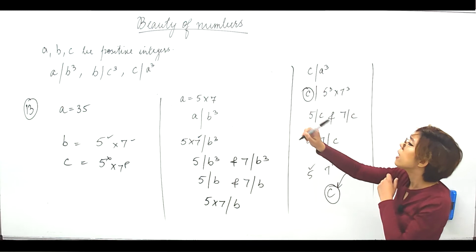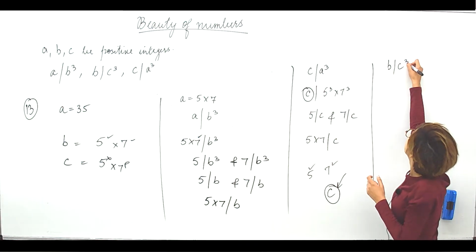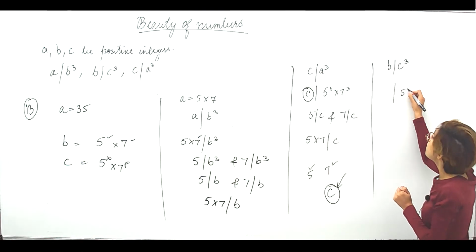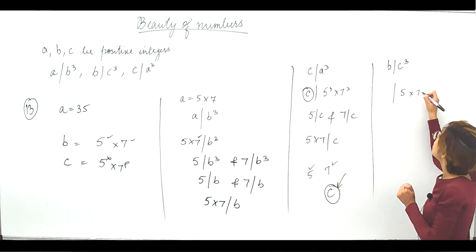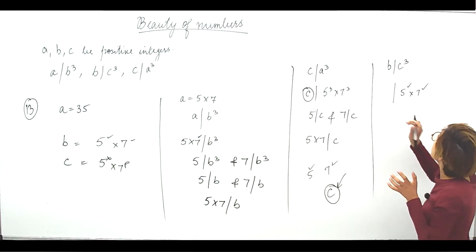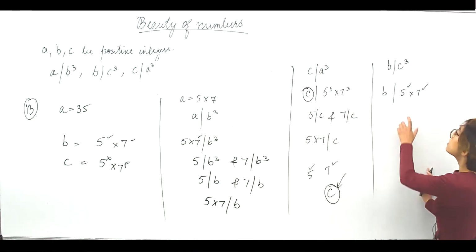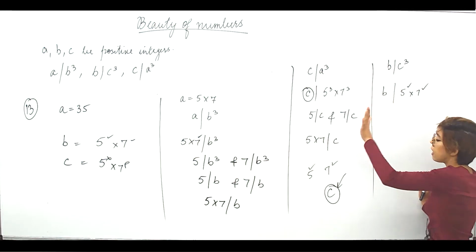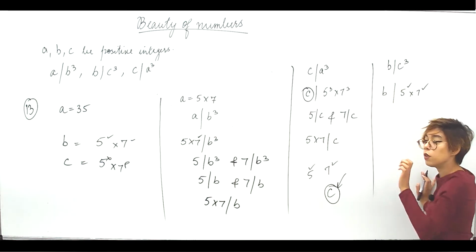Okay. Now the second condition was B divides C cube. Now I know that in the prime factorization of C, I just have 5 and 7. 5 raised to some power, 7 raised to some power, we don't care. Now, let's talk about B. Just the prime factors 5 and 7 are present over here. That means 5 has to be present, that we already know. 7 has to be present, we already know.